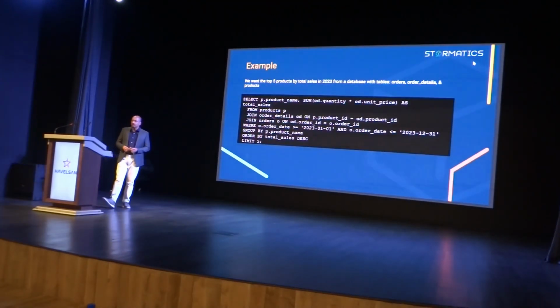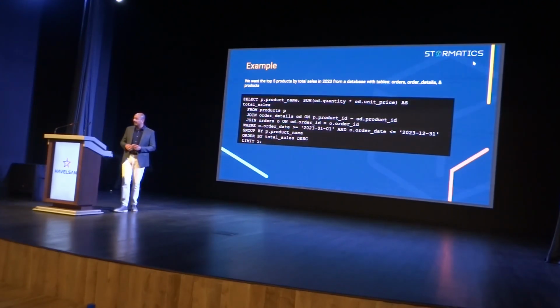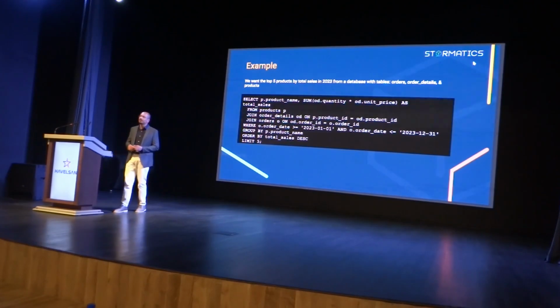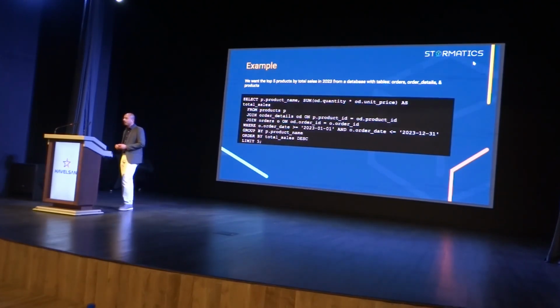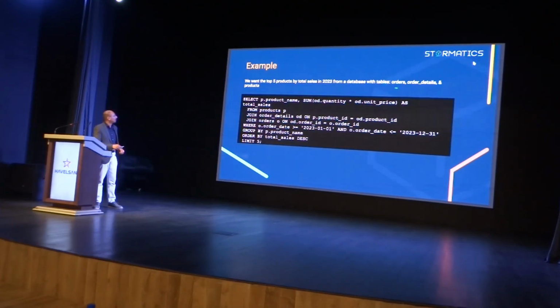An example over here: a simple query that is looking up 3 different tables with the intent to figure out the top 5 products by sales in the year 2023. The 3 tables are orders, order details, and products. The where clause has the dates.